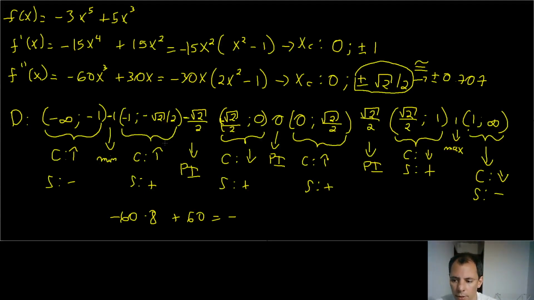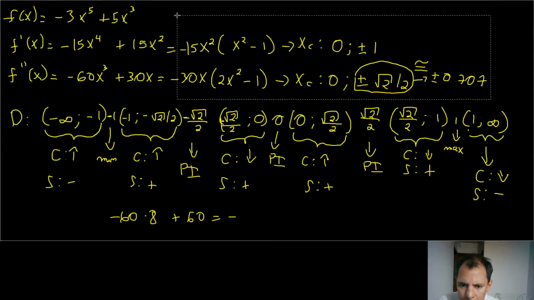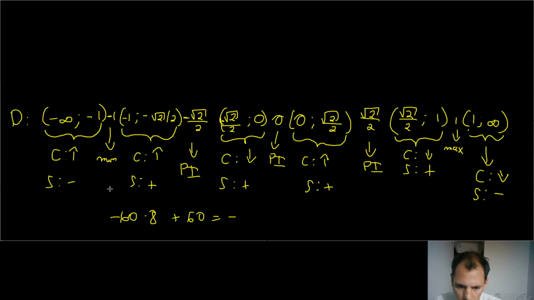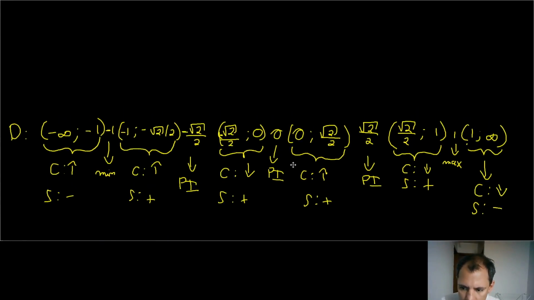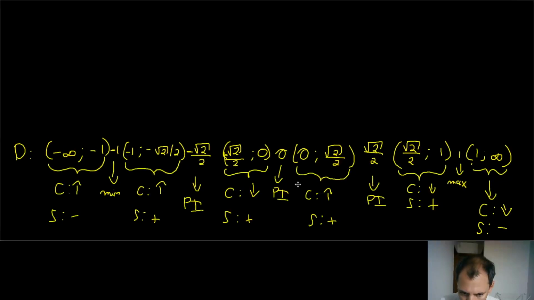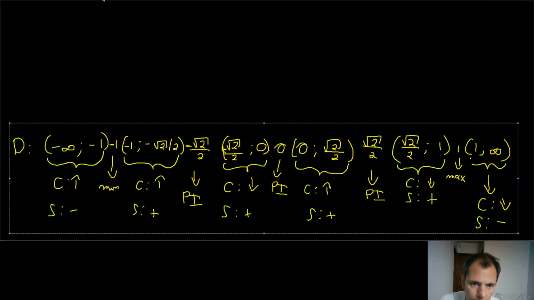All right. Now, let me just think here for a second. Since we already got all this, I'm going to erase this stuff, all this sketch. Grab this thing here, bring it down like that.